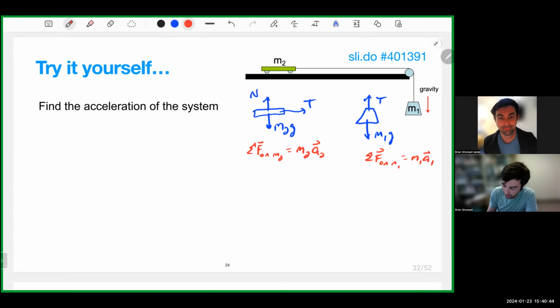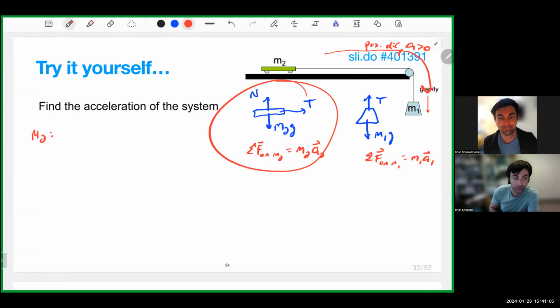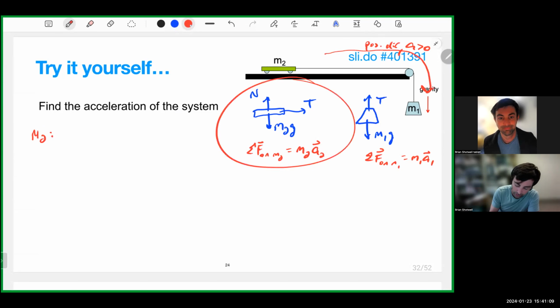So we're just going to call this the positive direction. This is positive direction, positive acceleration, positive direction, and this is positive. Okay, so for m2, focusing on this for a second, we have the sum of all the forces. The normal and the gravitational force have to cancel each other out.